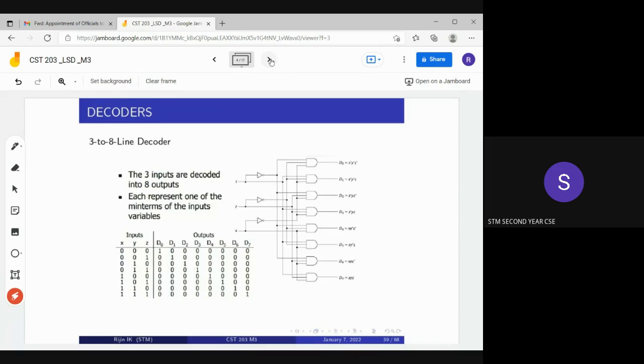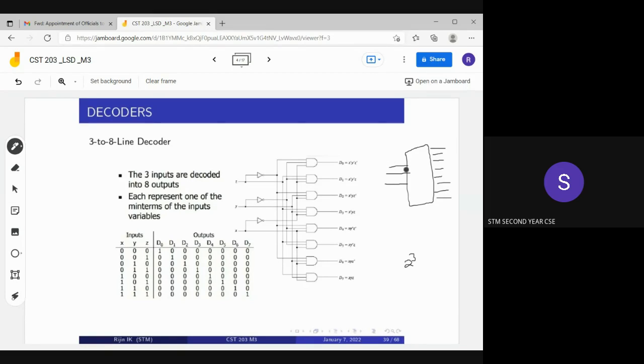For a 3 to 8 line decoder, how many inputs will there be? Suppose this is our decoder. A 3 to 8 line decoder has 3 input lines and a maximum of 2 raised to 3, that is 8, output lines.